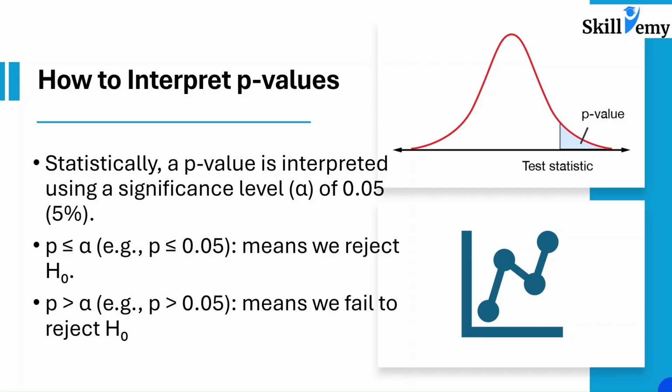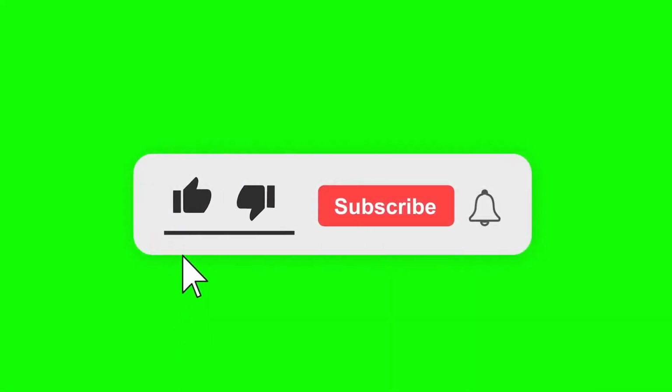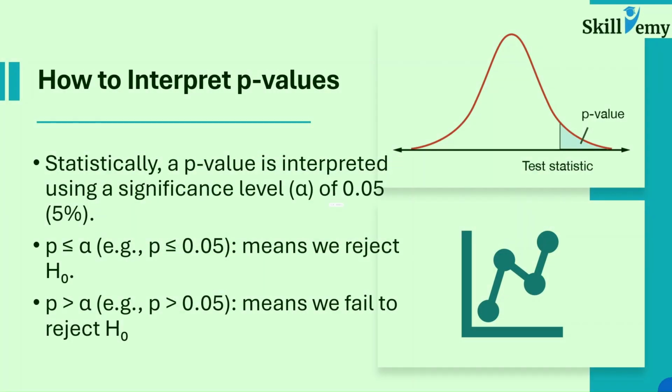I hope you are not confused. The null hypothesis establishes no relationship. So when you have a p-value that is less than or equal to 0.05, your result is statistically significant. We reject the null hypothesis because it is telling us that there is no relationship, yet we are finding out that the relationship actually exists and it is significant.